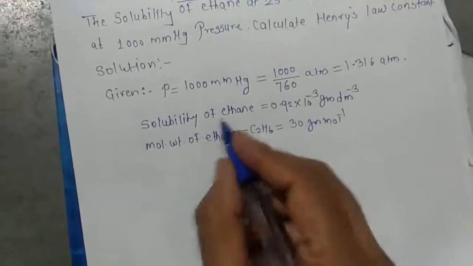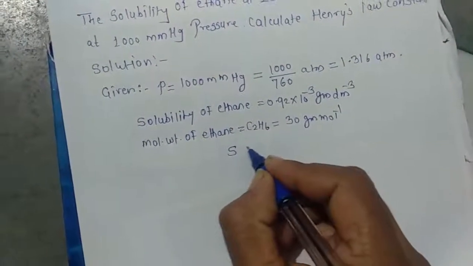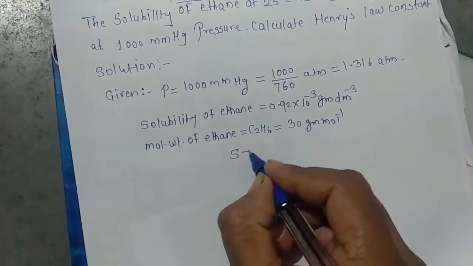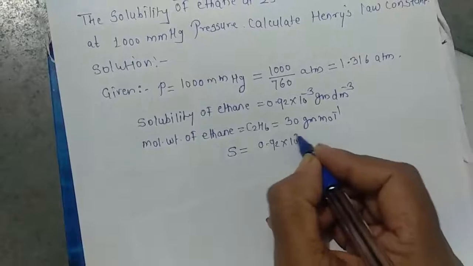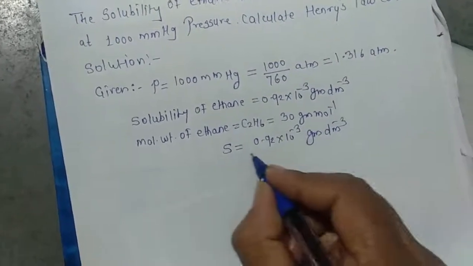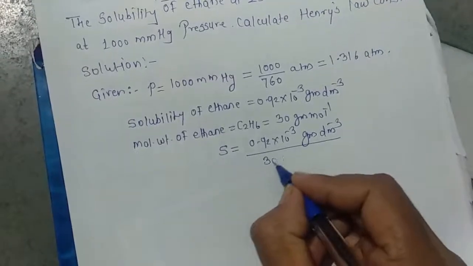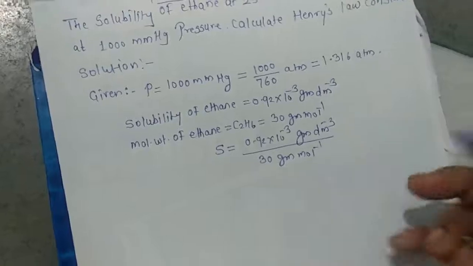Okay, so we are going to calculate the solubility for ethane. S, the value for the solubility, is equal to 0.92 into 10 raised to minus 3 gram per dm cube upon 30 gram per mole.